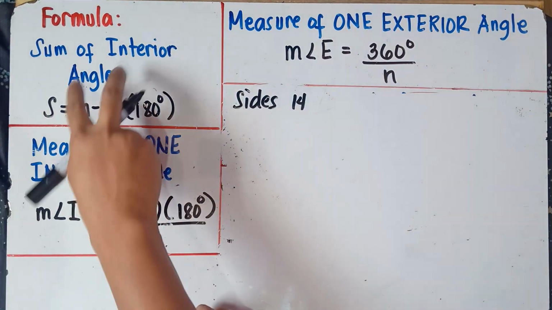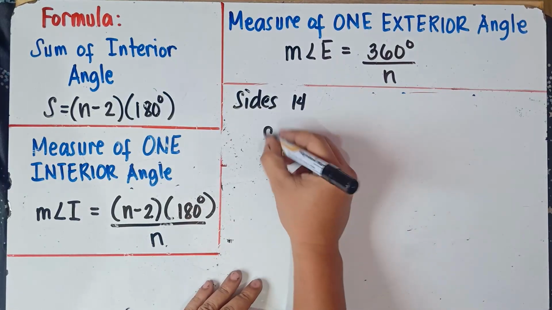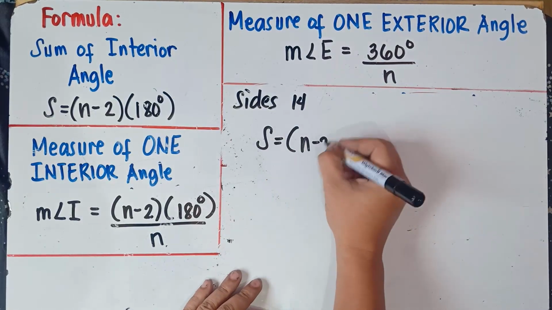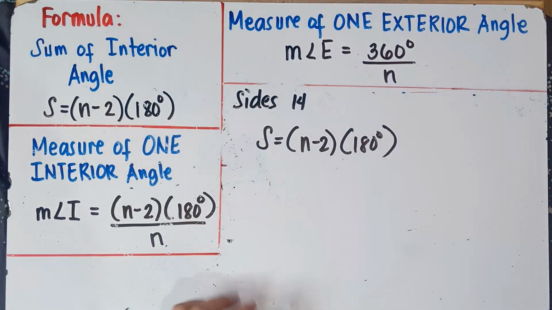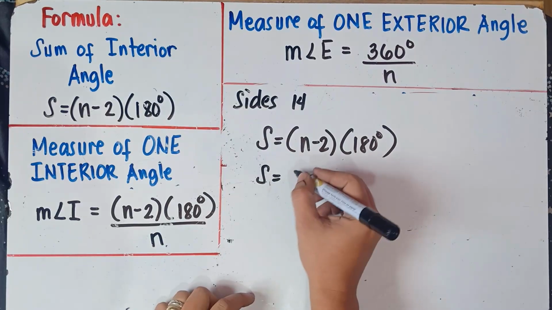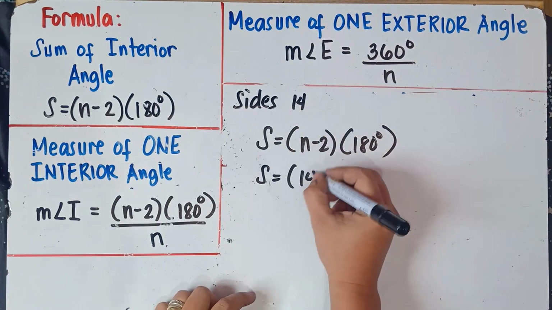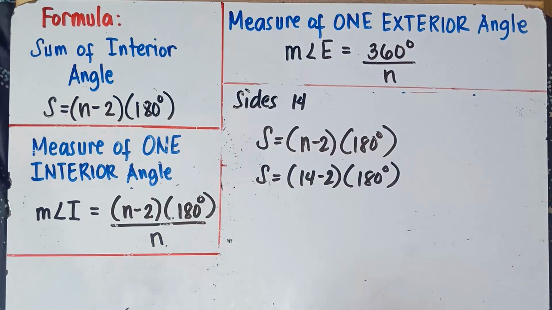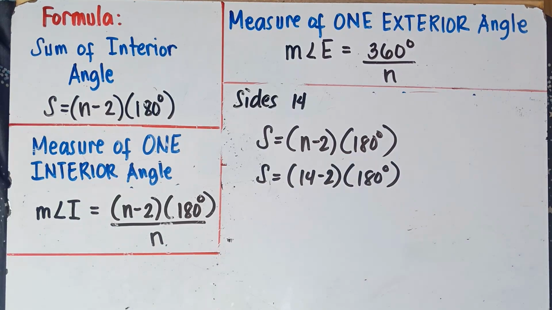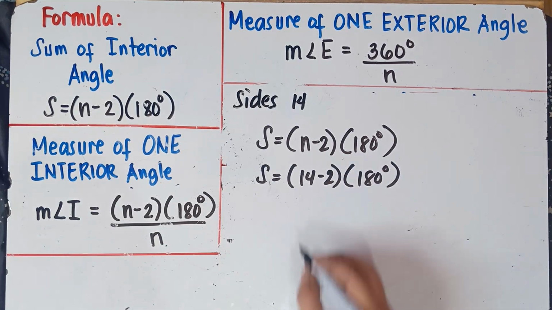Now to find the sum of interior angles, the sum is equal to n minus 2 times 180 degrees. So n is the number of sides, so we have S equals, n is 14, so 14 minus 2 times 180 degrees. So 14 minus 2, what's the answer, class? That's correct, that would be 12, right?